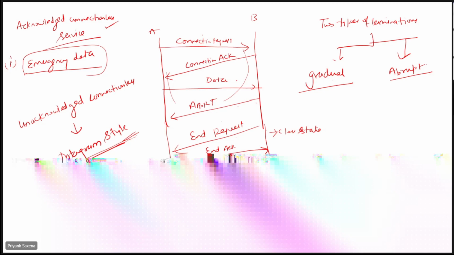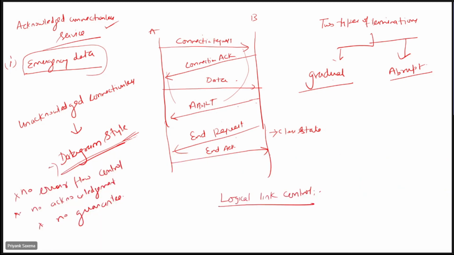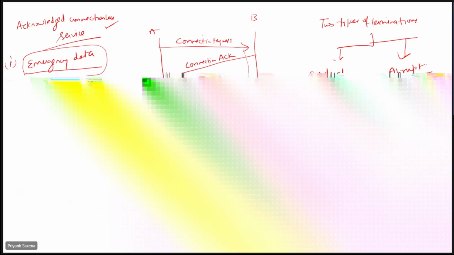Then they put the connection in the closed state and continue to exchange data till all the packets which are already there in the network are collected, right? And then once all the packets are done from the network, they give a clearance, they give a green signal to close the connection. Then the connection is closed.